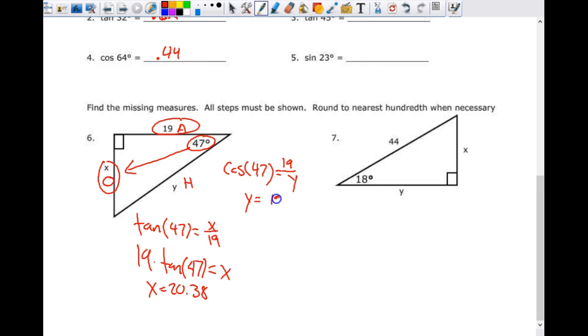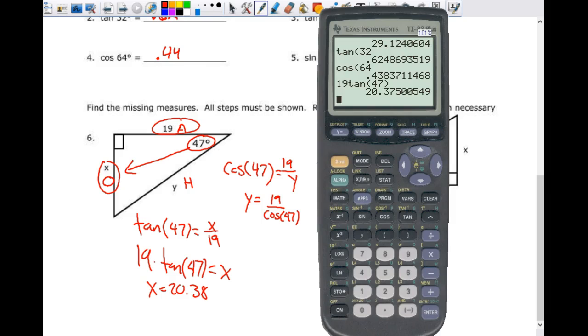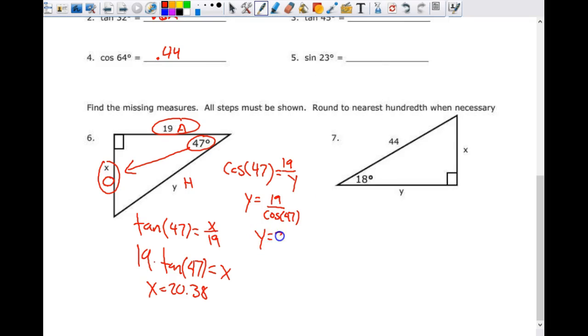Y is equal to 19 divided by cosine of 47. Calculate it out. 19 divided by cosine of 47. 27.86. Now we found both x and y.